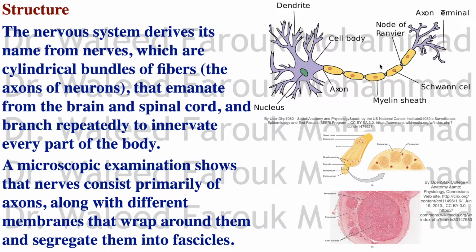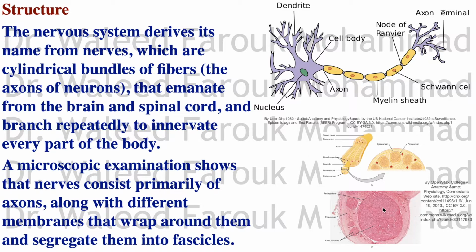This is called the saltatory conduction of nerve impulse, and this is the main function of the myelin sheath, besides insulating the axon: to provide saltatory conduction, which is much faster than the continuous conduction that happens in demyelinated axons.